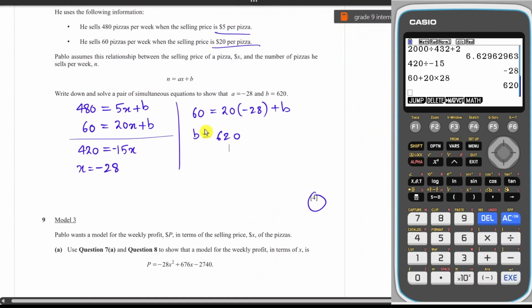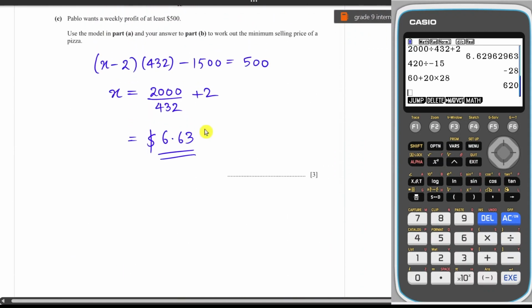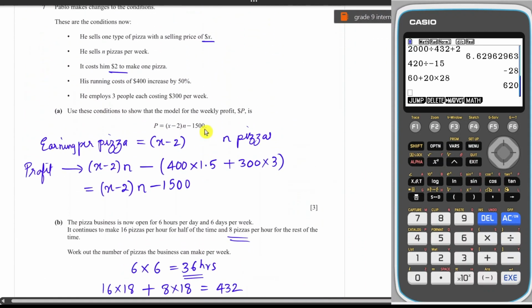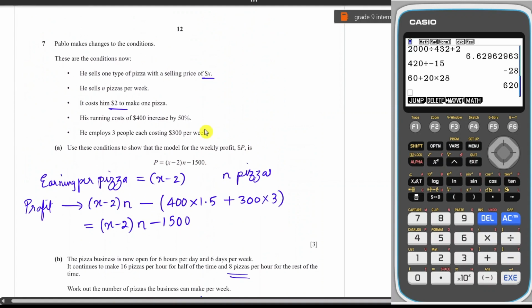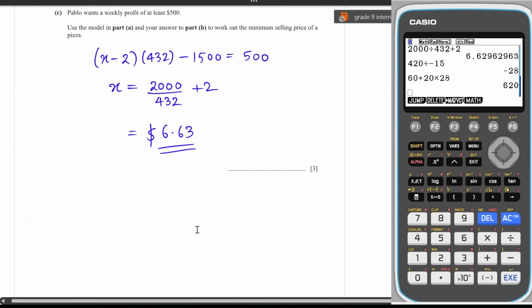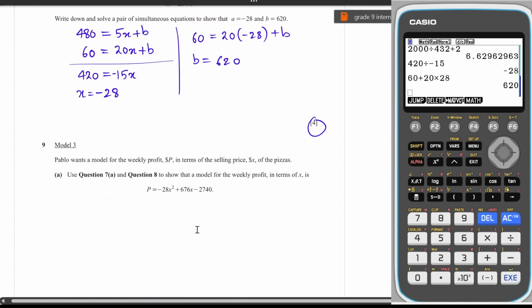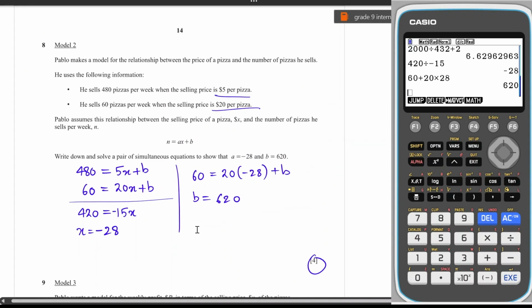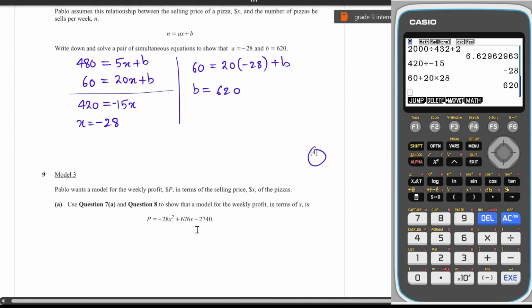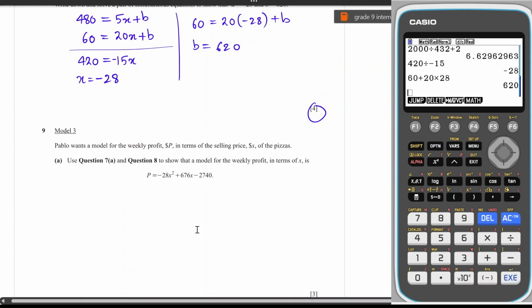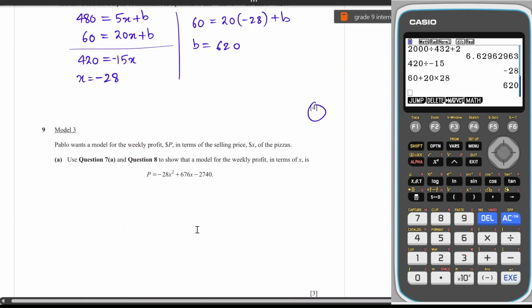Question 7a was, okay, that is x minus 2 into n minus 1500, and you have question 8, that is these values. So we just need to equate them.